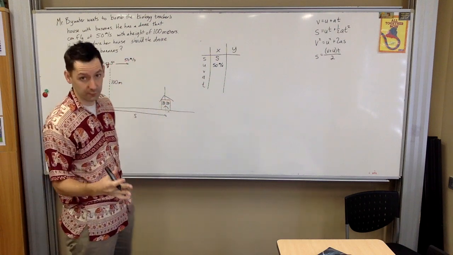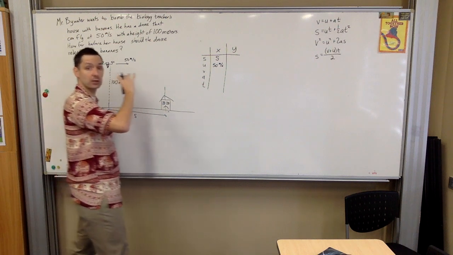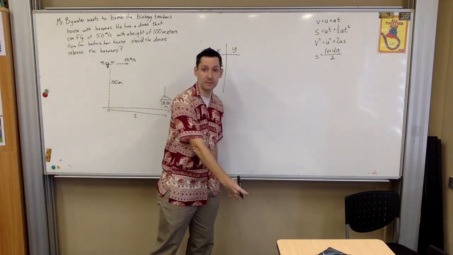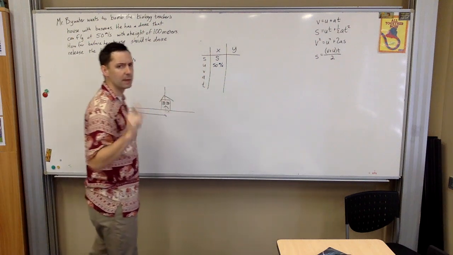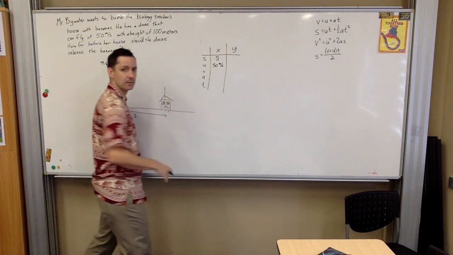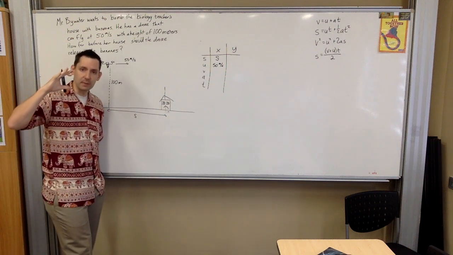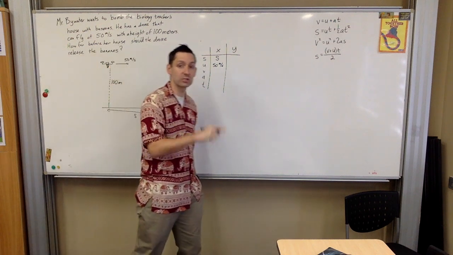So if there's no air friction, okay, we now need the final velocity, the horizontal velocity. We're not even looking at what happens as it falls. We're just saying what happens horizontally. Well, maybe it's more important to first look at the horizontal acceleration. As I drop the bananas, is there anything causing the bananas to accelerate horizontally?